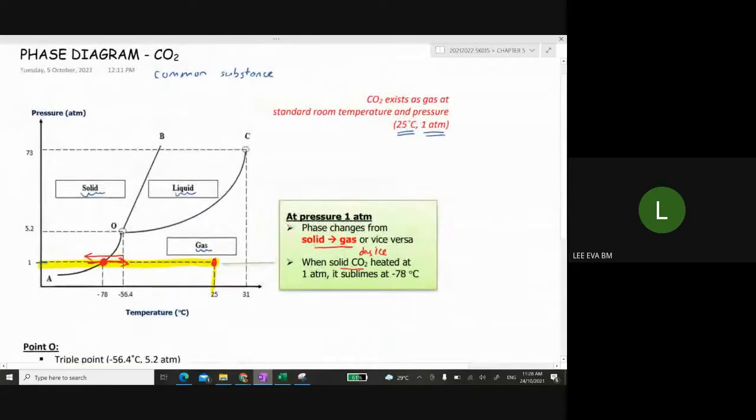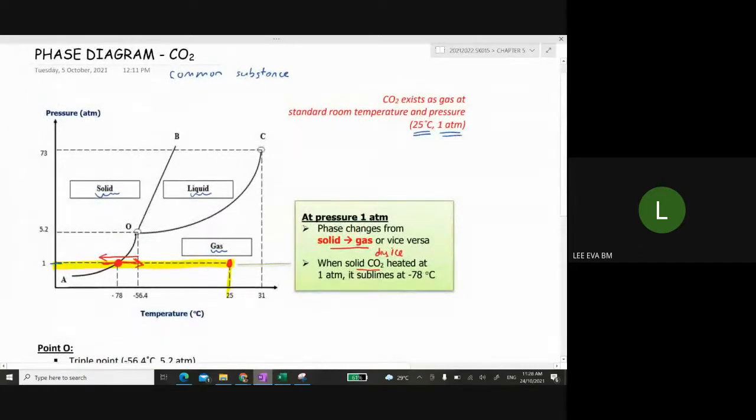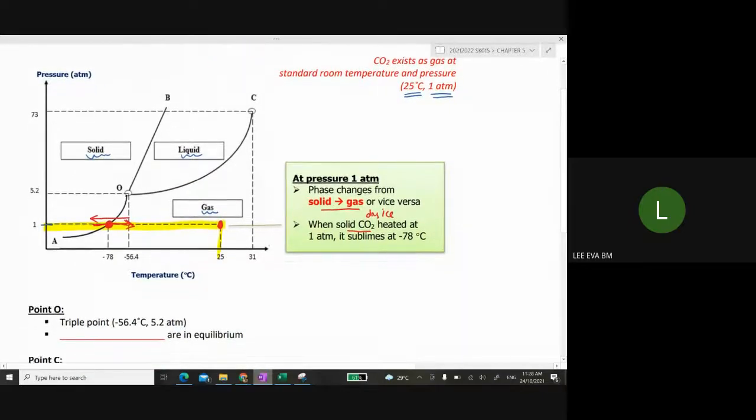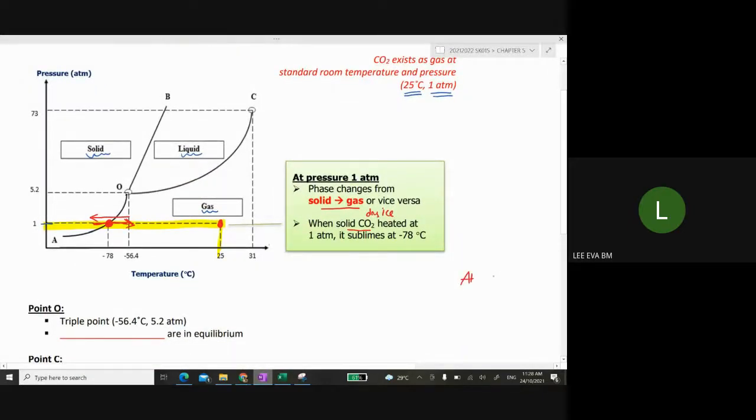point yang seterusnya. Let's say at 5.2 atm and negative 56.4 degrees Celsius, what phase can you see? All of them. Triple point.